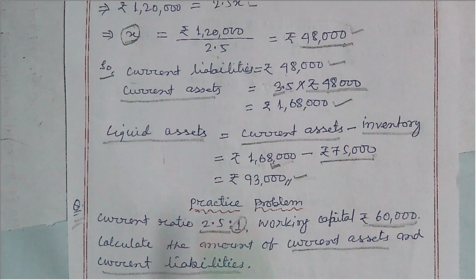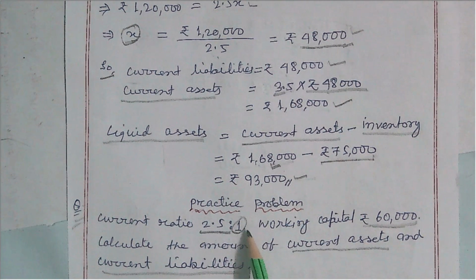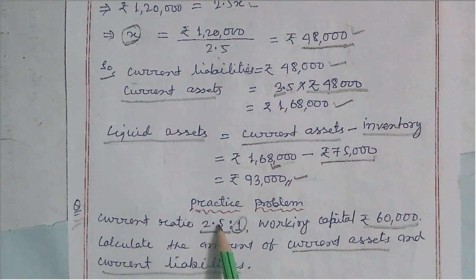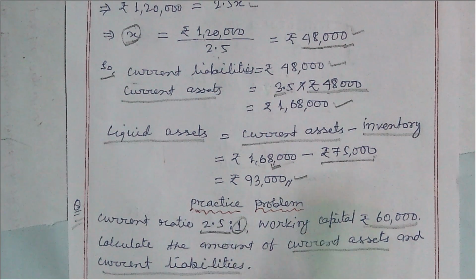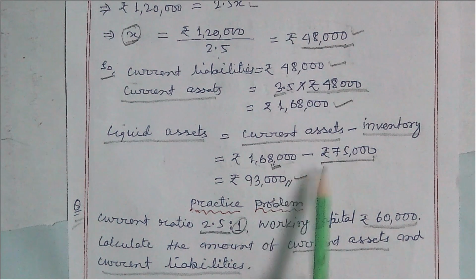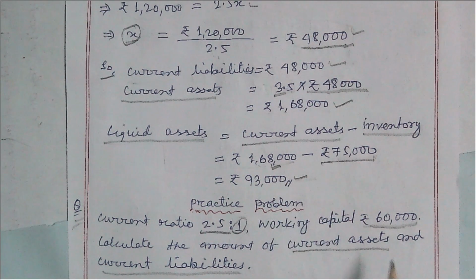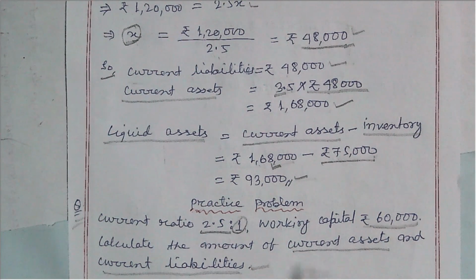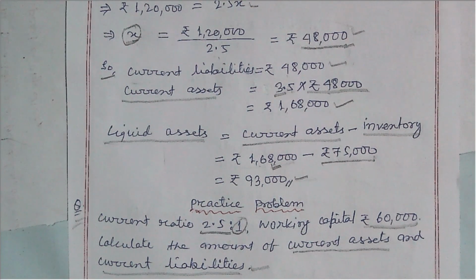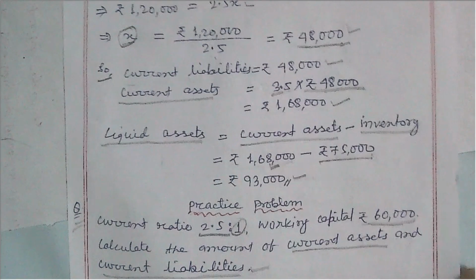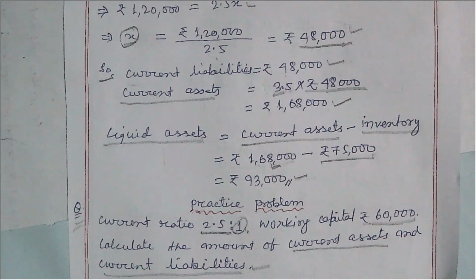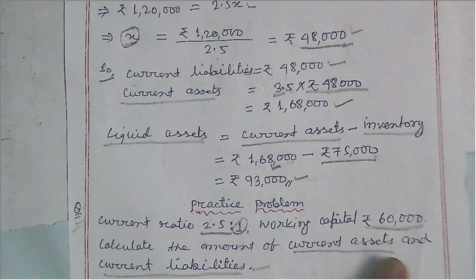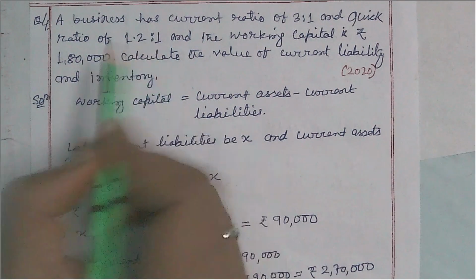So let current liabilities be x, then current assets will be 2.5x. Then you solve it and you will get the values of current assets and current liabilities. All of you must practice it and write your answers in the comment section. Now the next problem.